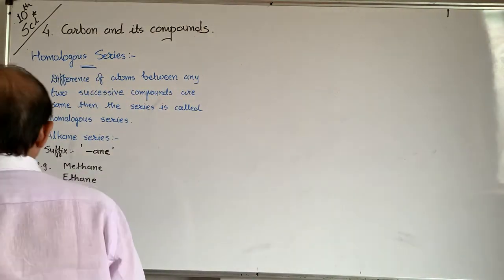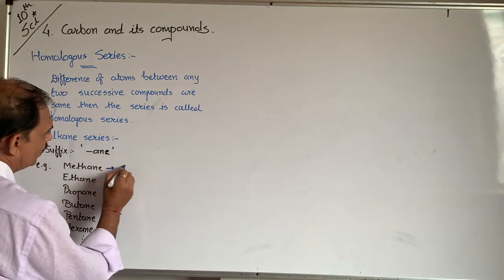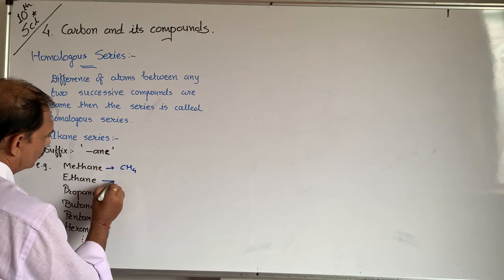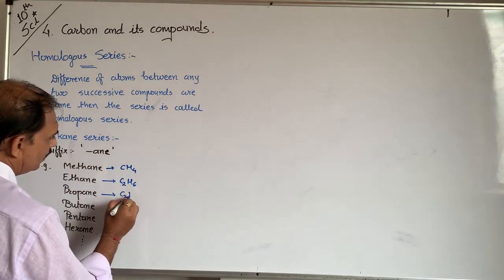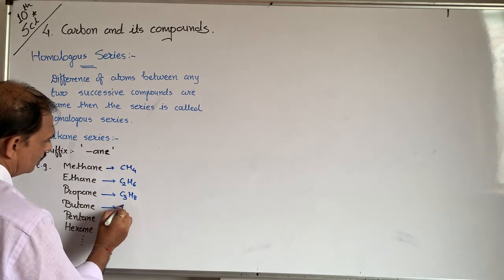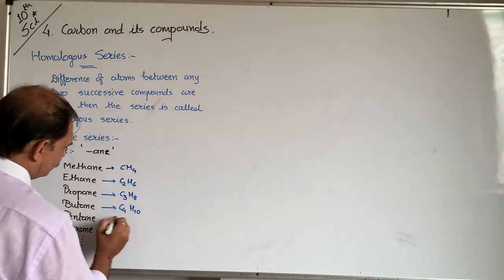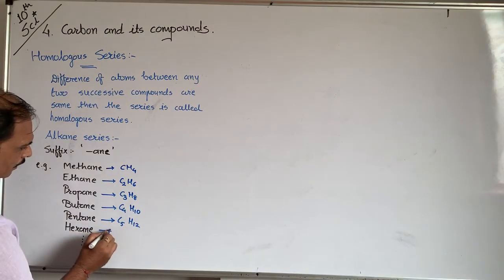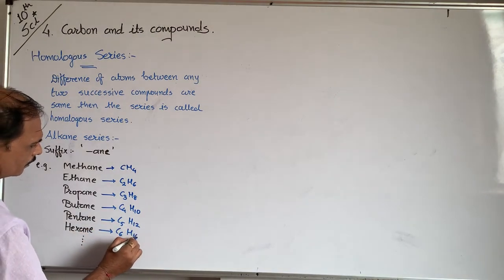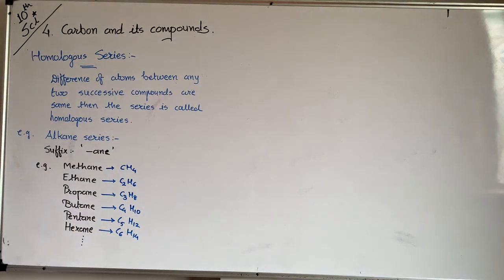Formulas you can write: methane, CH4, C2H6, C3H8, C4H10, pentane, C5H12, hexane, C6H14. See the difference in the number of atoms between these.